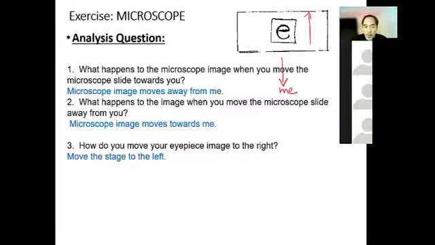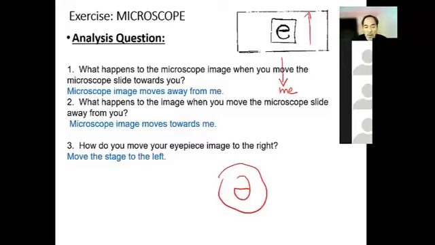Now another question is, how do you move the image you see in the eyepiece to the right? So this is what I see in a microscope, upside down and reversed.